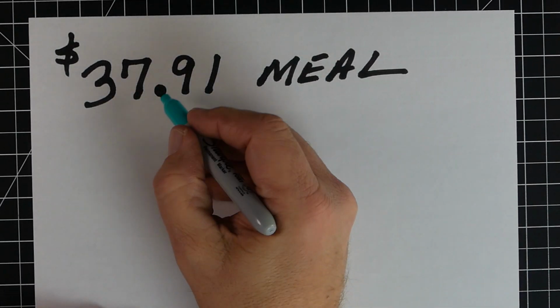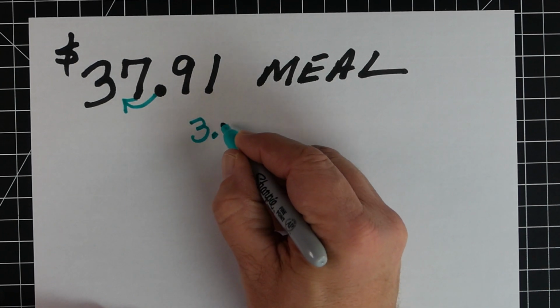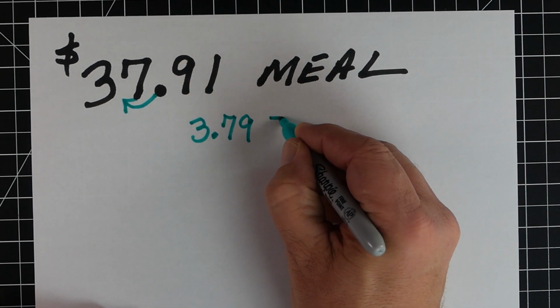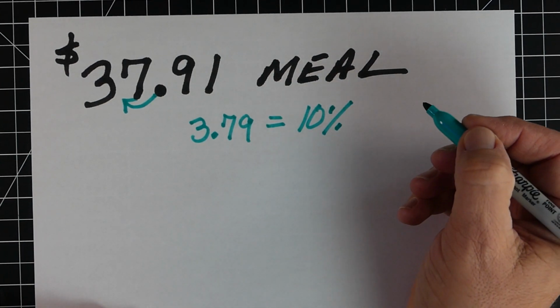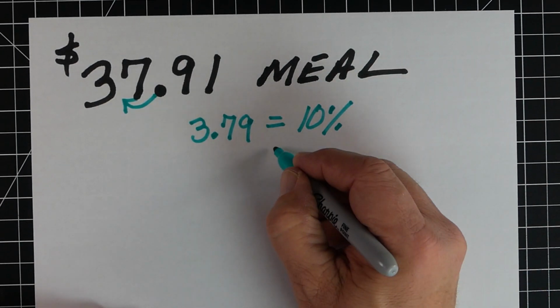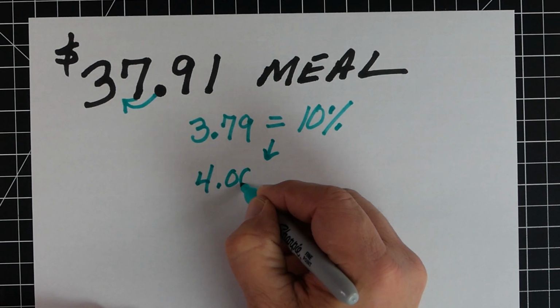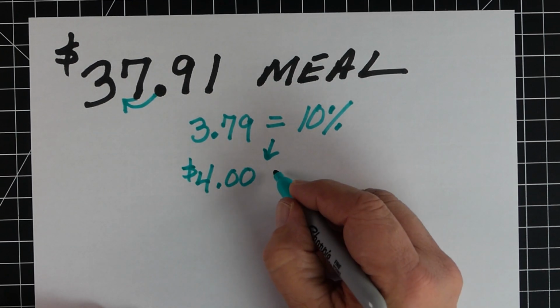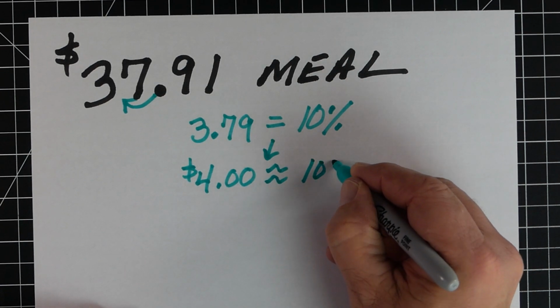All right, our next example, let's say a meal is $37.91. We move it over one spot, so it's $3.79 for a 10% tip. Again, just like before, I would probably just turn this into $4. If we make it $4, that's about a 10% tip. It's going to be a tiny bit more, but not much more.